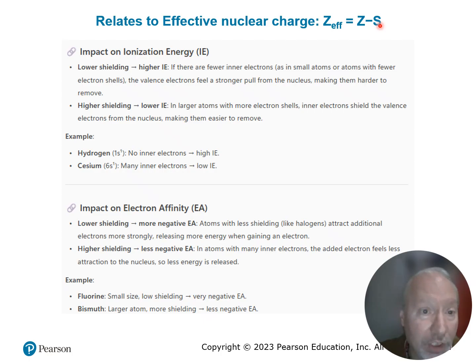And we know that the shielding constant is high when we move left to right. The shielding constant goes up in a row, or a period. But in a group, as we go down a column, the shielding constant goes down, and Z and Z effective become quite similar, and this kind of goes to 0.